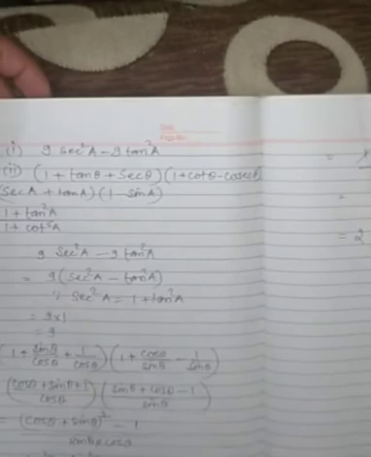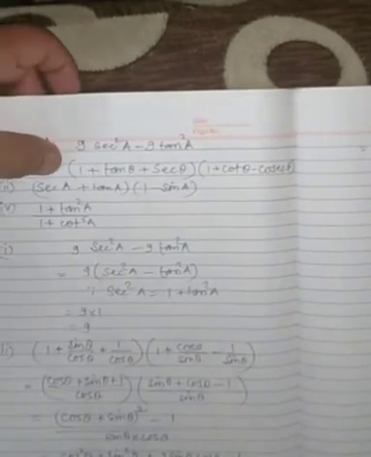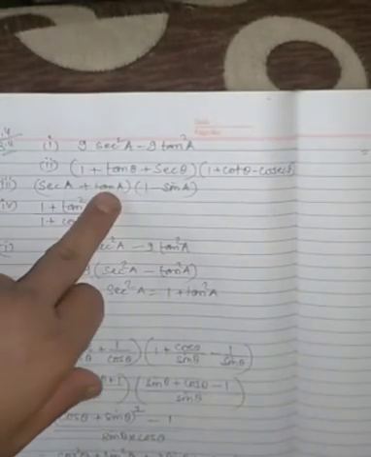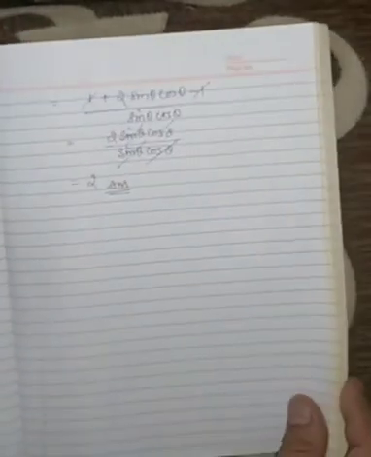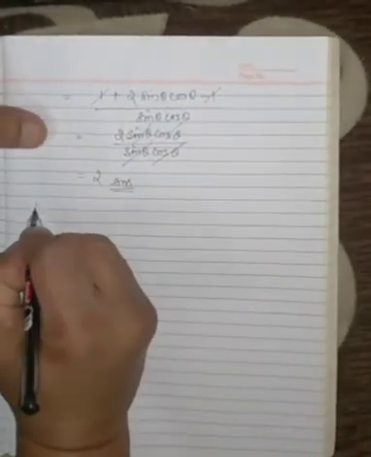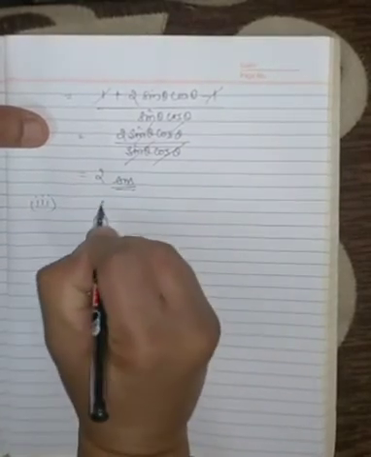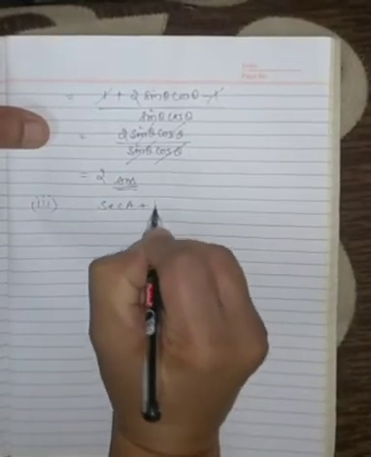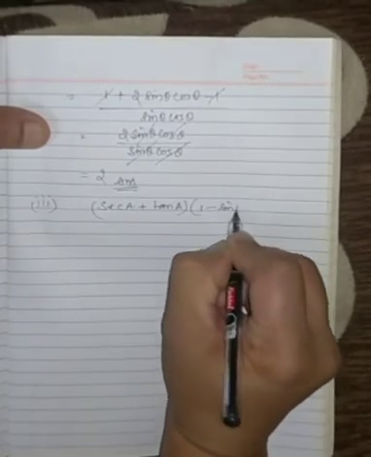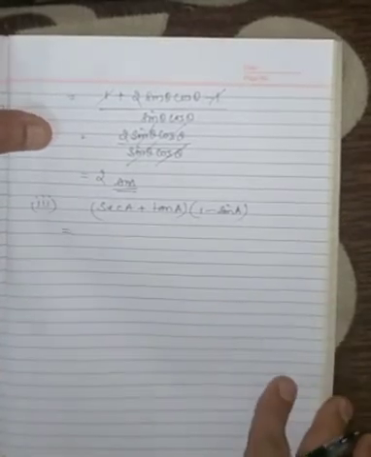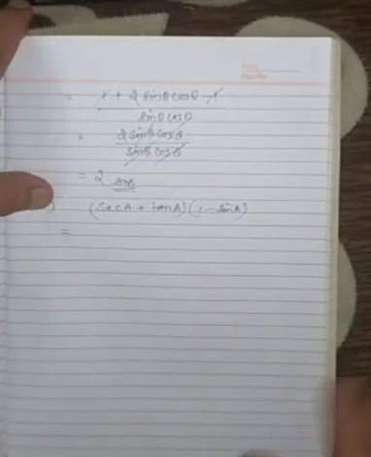Now look at the third part. Third part is sec A plus tan A into 1 minus sine A. Once again we will convert this into sine and cos.